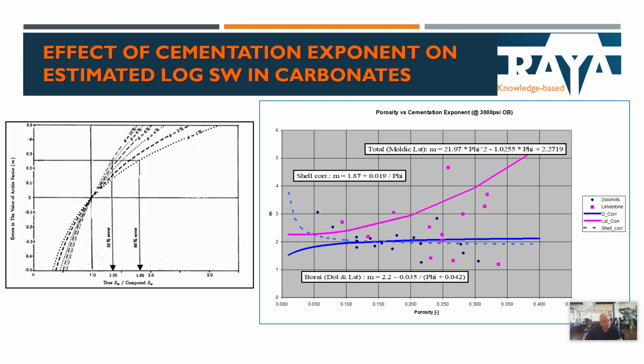With reducing rock quality, the M effect on Sw increases, and in a rock with 1% porosity, the error increases to 80%. As you see, in carbonates, because we are working with low porosity rocks, the M value effect will be high on the water saturation determinations.